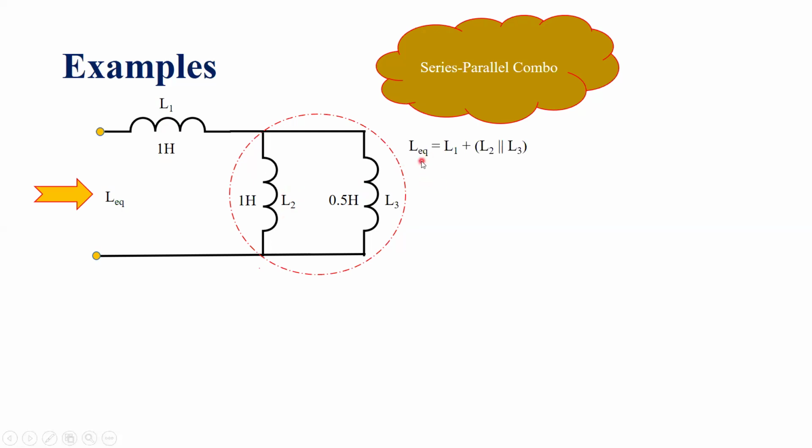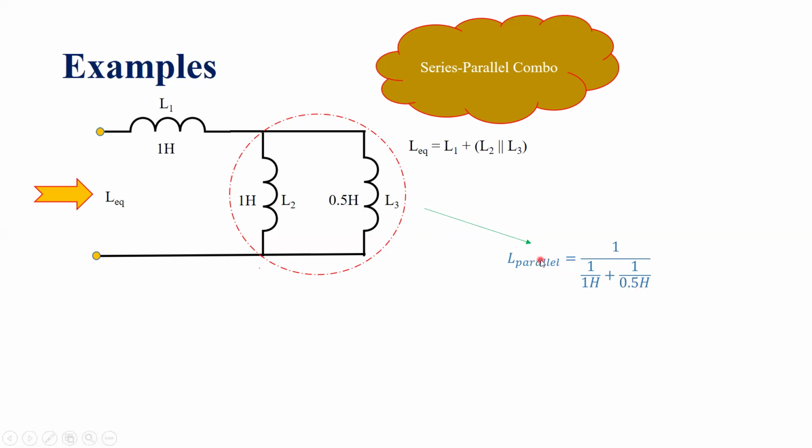We know that L equivalent is equal to L1 plus L2 in parallel with L3. So we can first calculate L parallel. L parallel, which is the parallel equivalent of L2 and L3, can be written as L parallel equal to 1 over 1 Henry, which is the value of L2, plus 1 over 0.5 Henry, which is the value of L3.